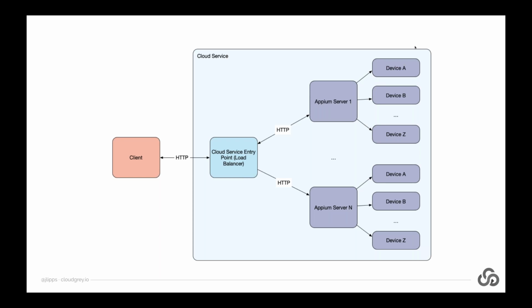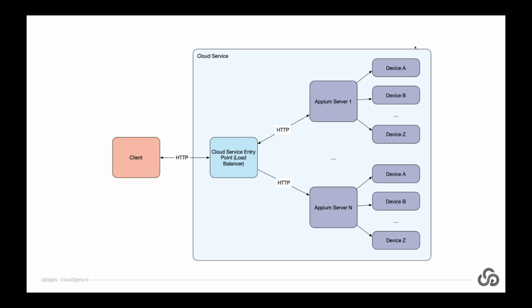And the load balancer is responsible for keeping track of session IDs and making sure that create session requests are getting sent to the right place and that subsequent commands are getting sent to the right place. So this is a very common architecture that we find.